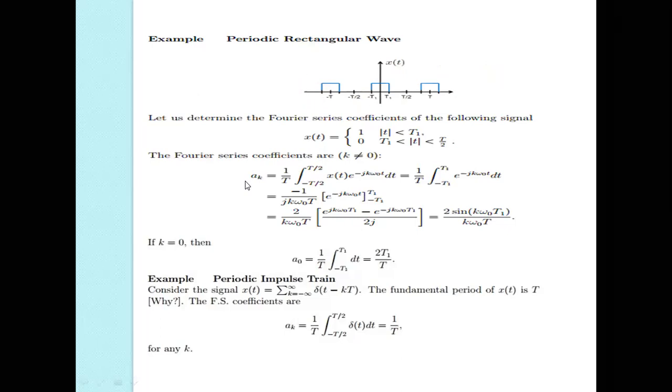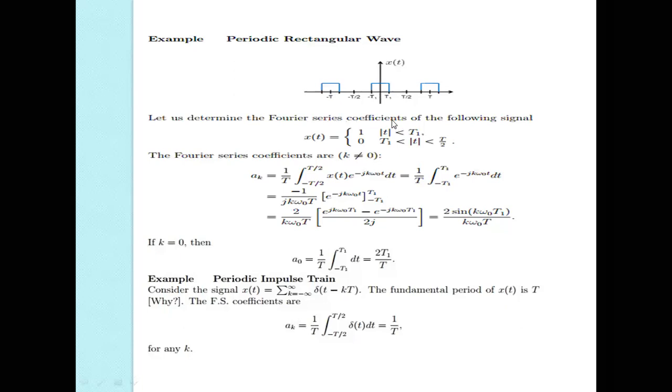Now, here also you can find out a of k, b of k, and a of 0 also. You could find the trigonometric Fourier series, but they are asking only to determine the Fourier series coefficients.